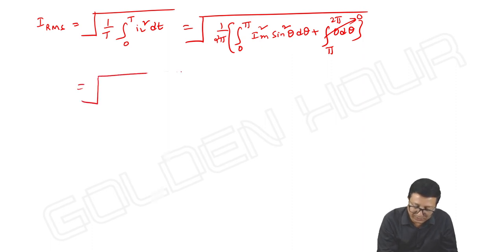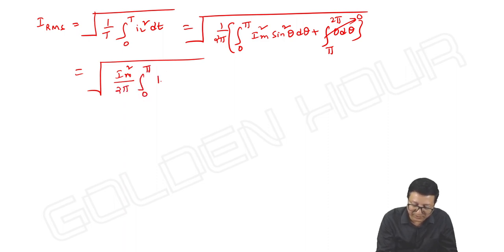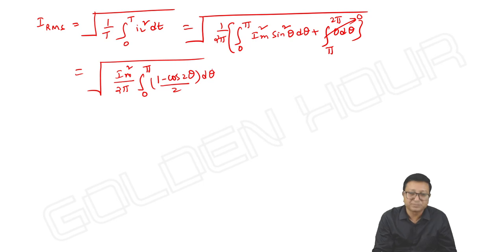It is further written like Im square by 2 pi integral 0 to pi sin square theta, which can be written like 1 minus cos 2 theta by 2 d theta.